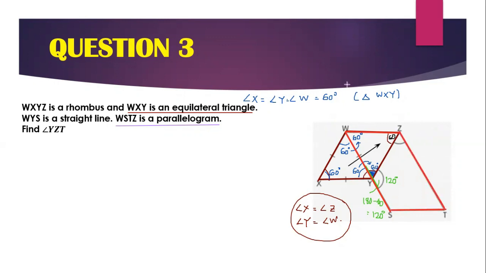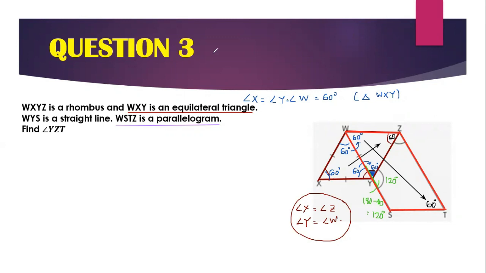Very easy, right? Now we are going to find the unknown angle. So automatically here is 60 degrees, right? Copy here, 60 degrees. Okay, good.